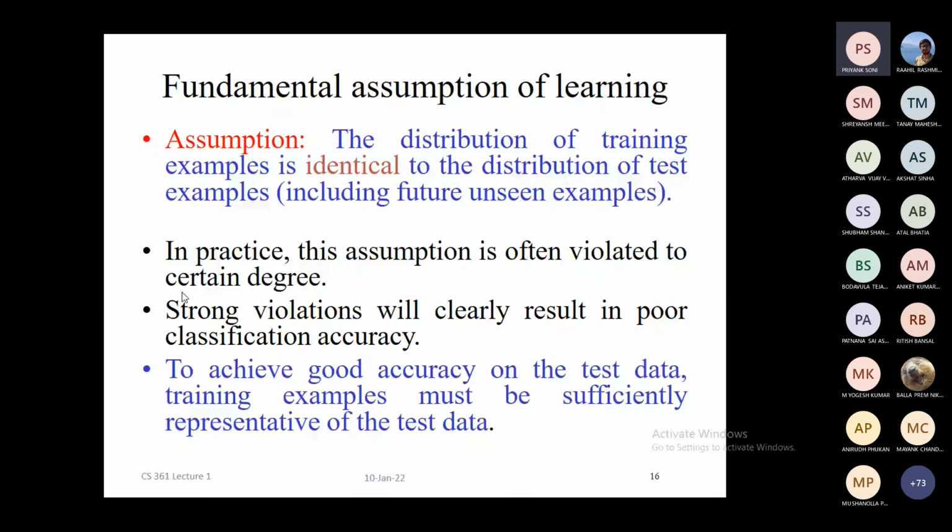So there is a question of generalization. We'll see later in our discussion how generically we can classify the data. To achieve good accuracy on the test data, the training examples must be sufficiently representative of the test data. And that is very important.